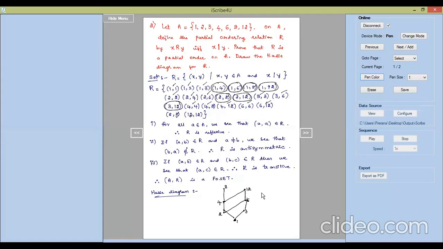Okay, so just for your reference I'll rewrite the Hasse diagram once again to you, right? I'll write it neatly.